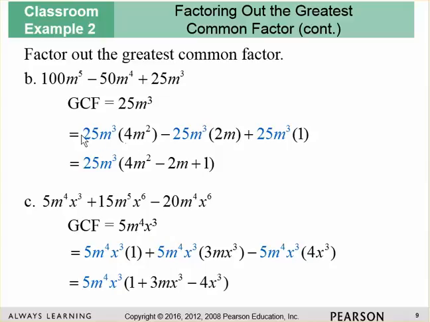Look, that gives us 100 m to the 6th, m to the 5th, minus 25m cubed times 2m, which is going to give us minus 50 m to the 4th, and a 25m cubed times 1. So we write on the outside of our parentheses 25m cubed, and on the inside we'll have 4m squared minus 2m, don't drop that negative, plus 1.